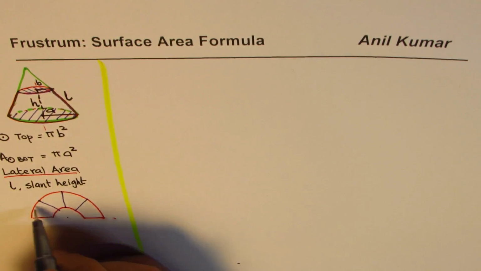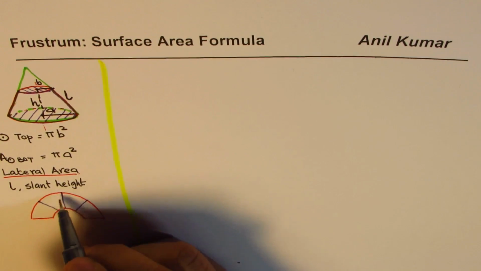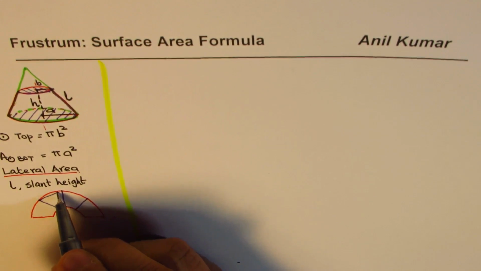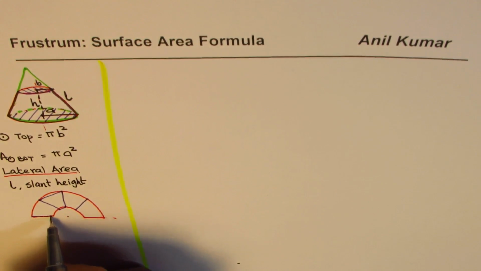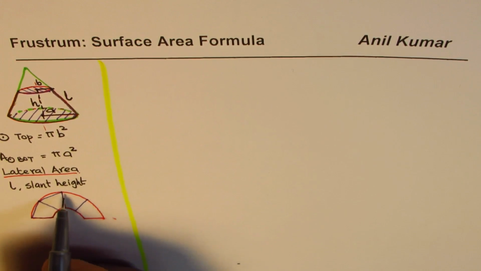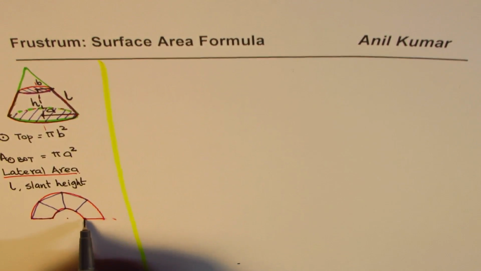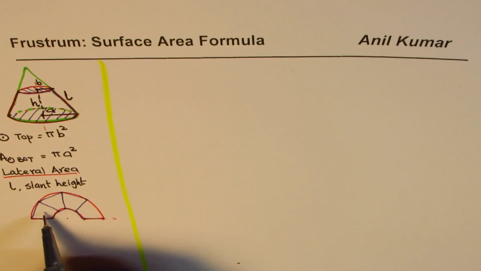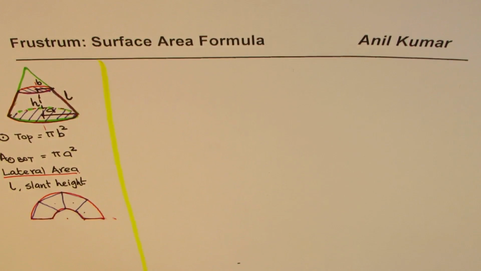So we have divided this into 4 equal parts. Now you can see that each part is like a trapezoid. If I join this and if I join this, right? So similarly we have this one also. I mean, my drawing is not all that good, but look from approximate things, right? So what has really happened is I've made 4 trapezoids. That is my choice, just to make it clear.